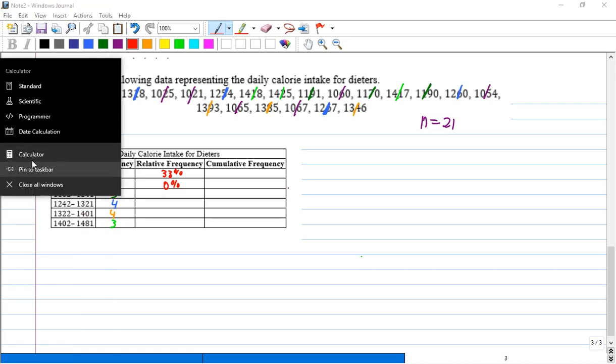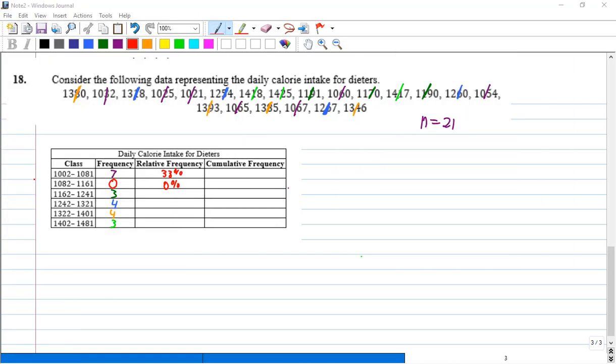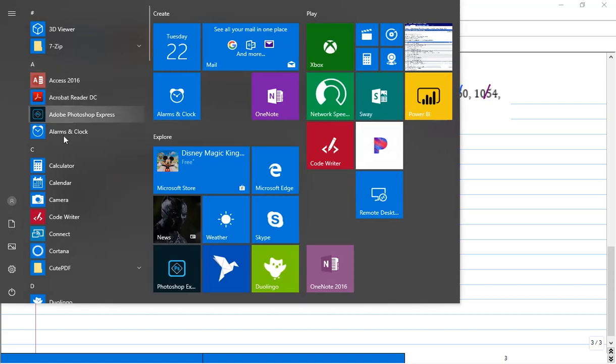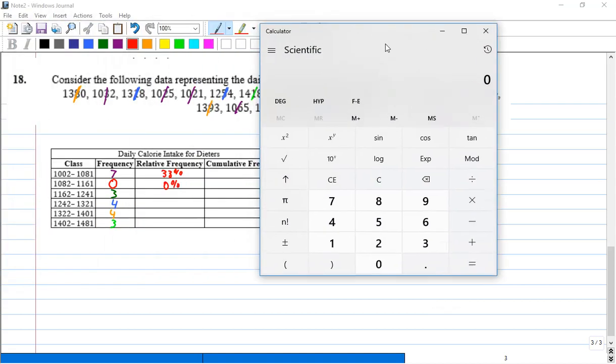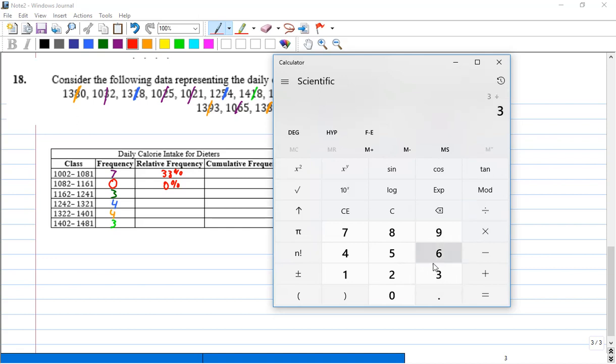I got a lot of calculators open. So 3 divided by 21. I'll put 14%.